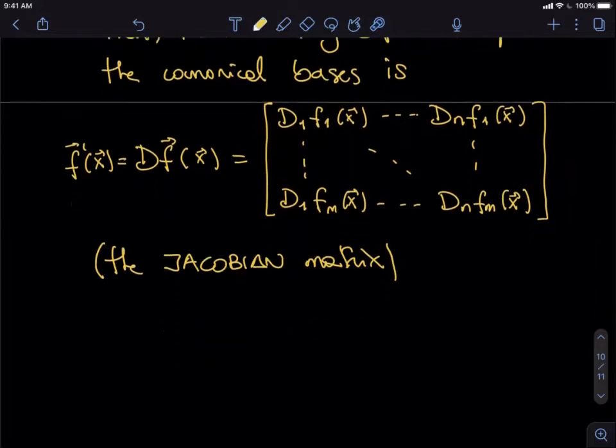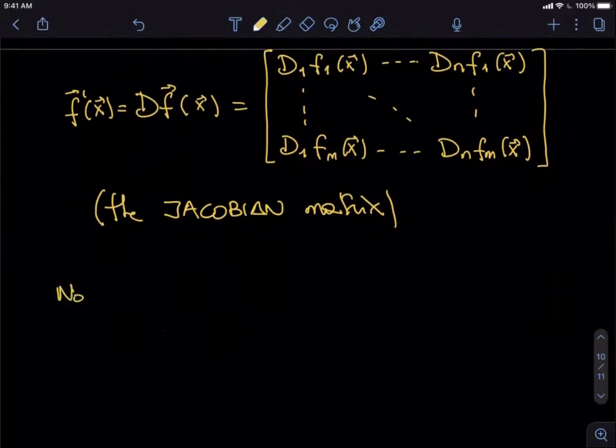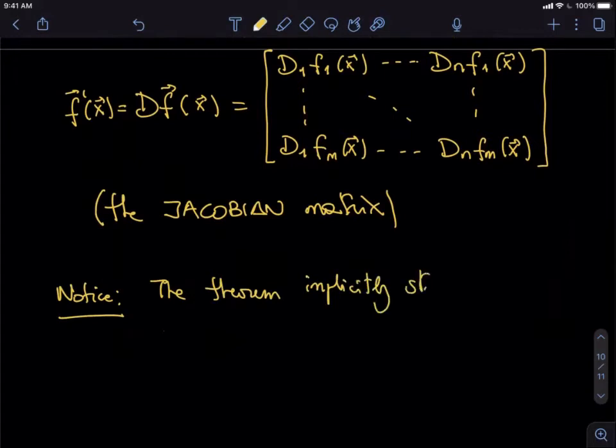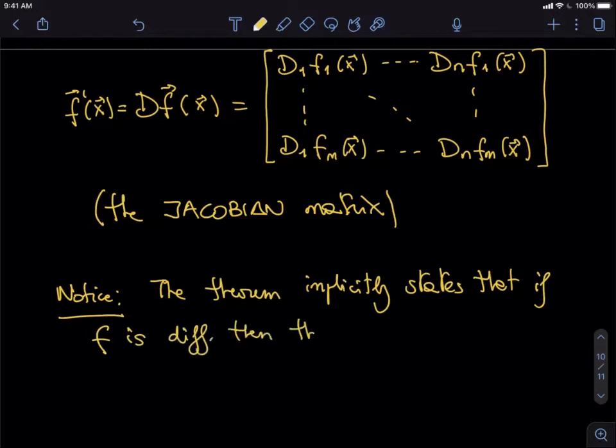Now, one more thing I want you to note. The theorem implicitly states that if the function is differentiable, then the partial derivatives exist.